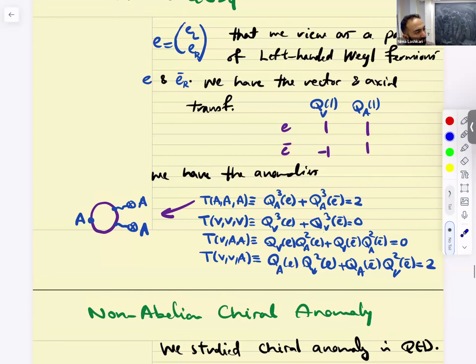Is that clear what I'm saying? So TAAA: what runs in the loop? There's E that runs in the loop and E bar that runs in the loop. You have to sum both of them. E that runs in the loop will contribute as QA cubed of E. E bar that runs in the loop will contribute as QA cubed of E bar. So here it is, 1 + 1, 2. Axial anomaly. The theory is nonsense.